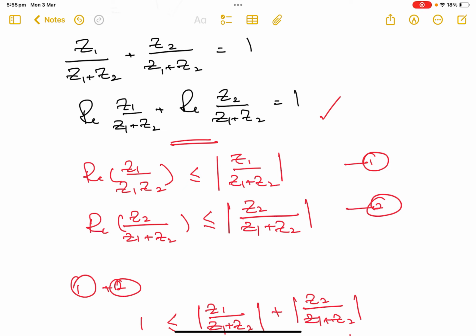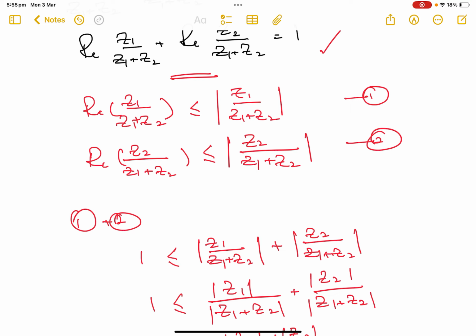So the real part of Z1 over Z1 plus Z2 is less than or equal to its modulus. The same for the real part of Z2 over Z1 plus Z2, which is less than or equal to the modulus of that same complex.